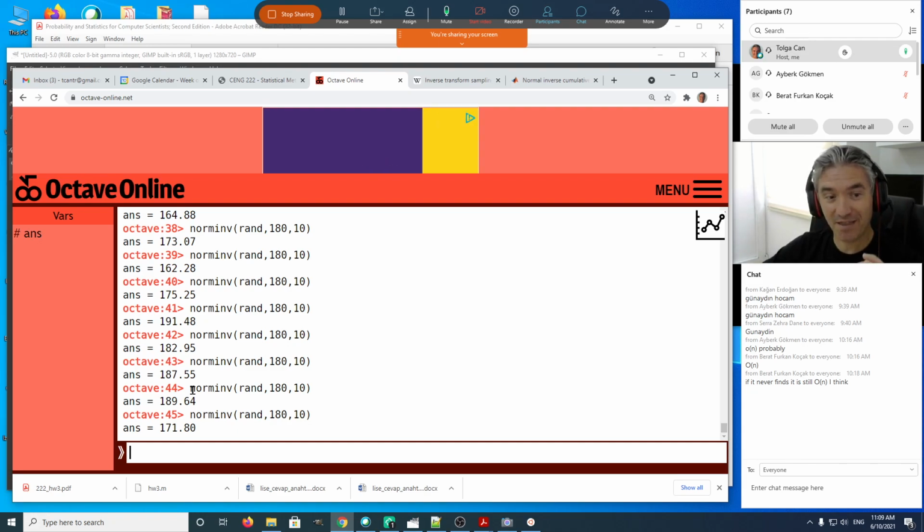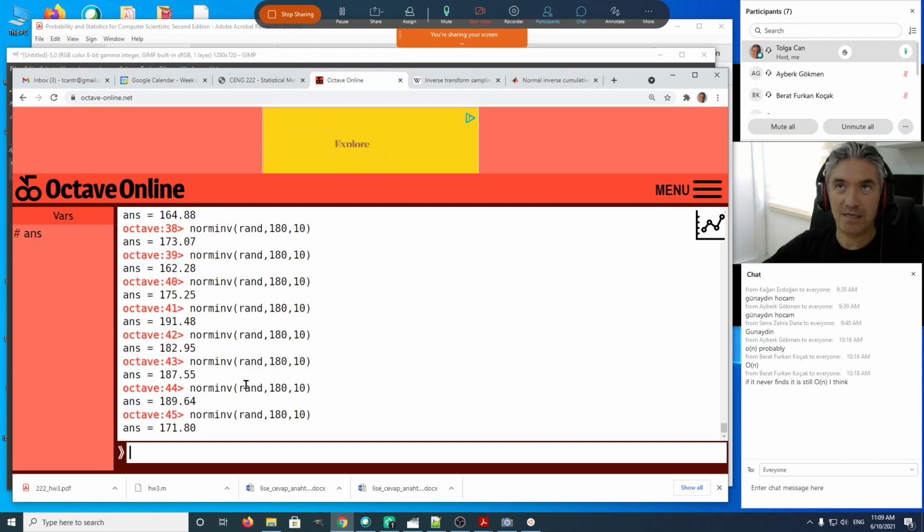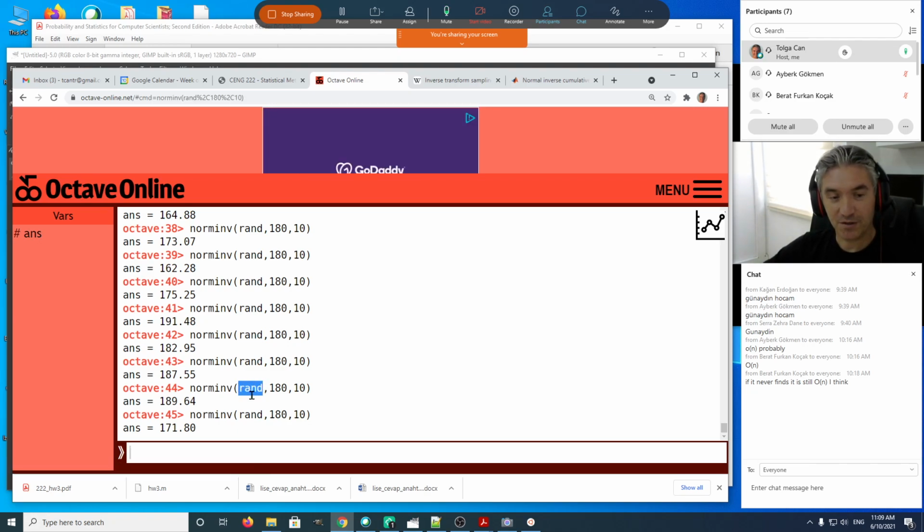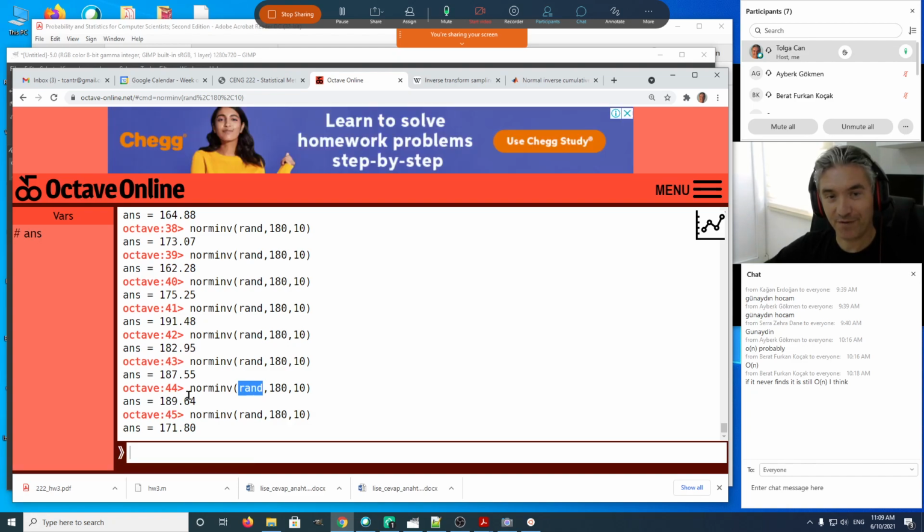Okay, so look at this. By using this theorem that the inverse CDF of any random variable is standard uniform, we were able to give that standard uniform random variable as input to our inverse function with these parameters, and generate normally distributed random numbers.